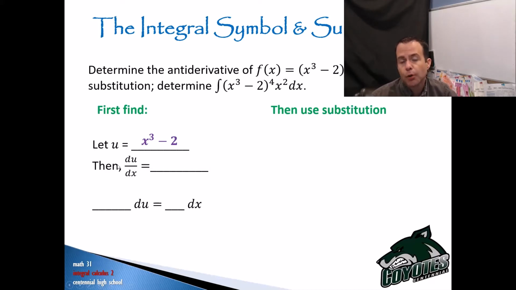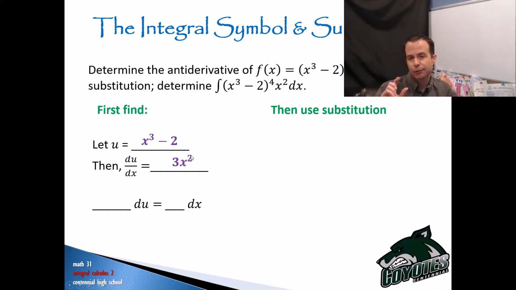Now, what would be the derivative? The derivative would be du over dx, because it's the derivative of u in terms of x, and that would be 3x squared. Now, here's where it gets kind of interesting, and you've got to wrap your head around it for a second. This says the derivative of u with respect to x equals 3x squared.